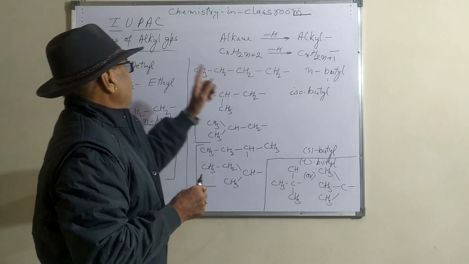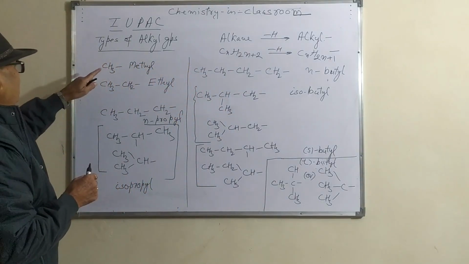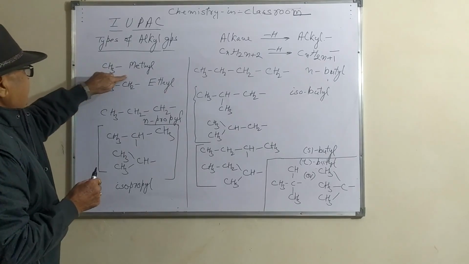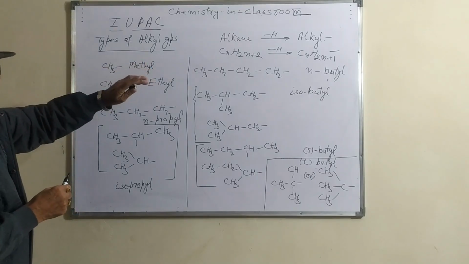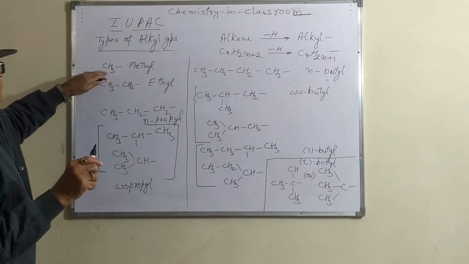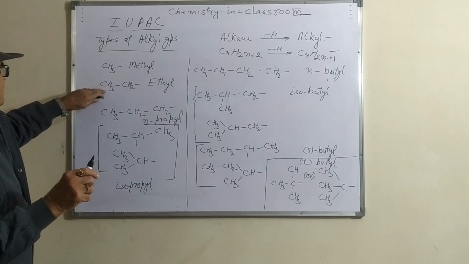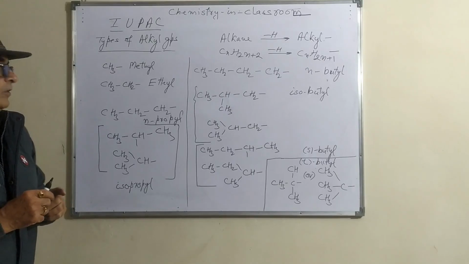So here, the alkyl group of methane will be methyl. This is CH3, where 1 hydrogen is replaced by any other atom or group. So the rest part, CH3, is methyl. CH3CH2 is the ethyl group.